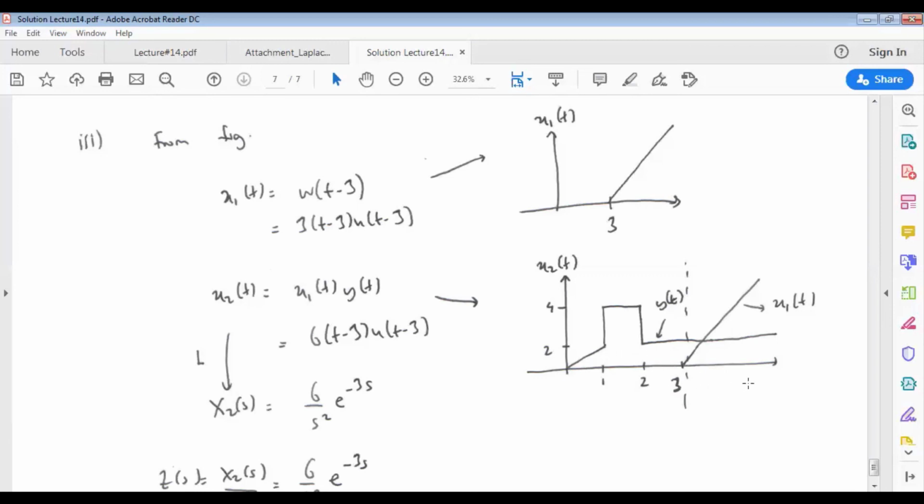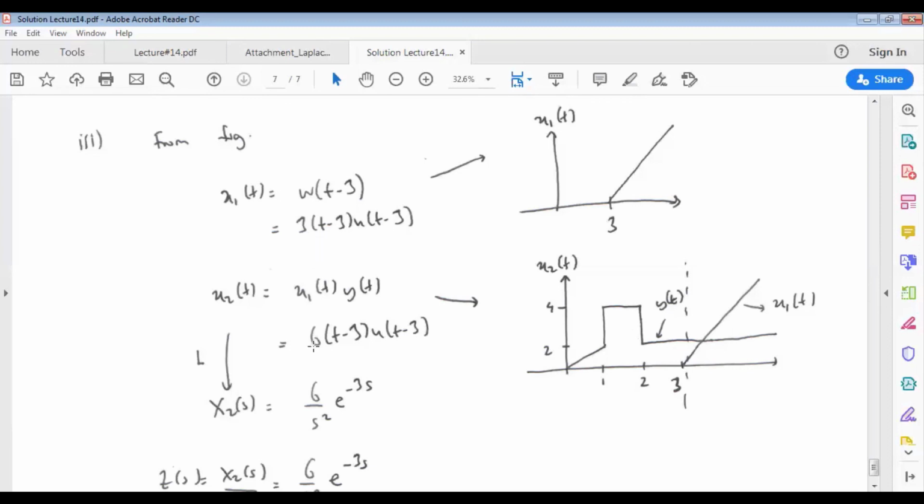When we multiply x1(t) and y(t) for t bigger than 3, it will be x1(t) multiplied with a constant of 2, since y(t) has a constant of 2 there. So the answer for this multiplication will be x1(t) multiplied with 2.